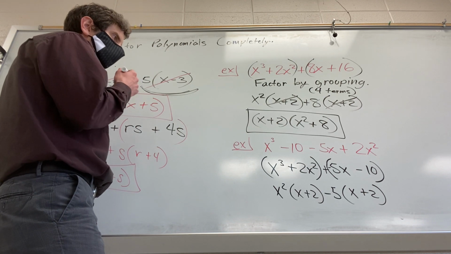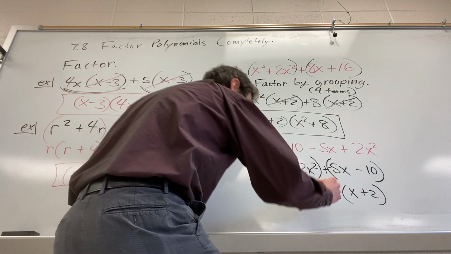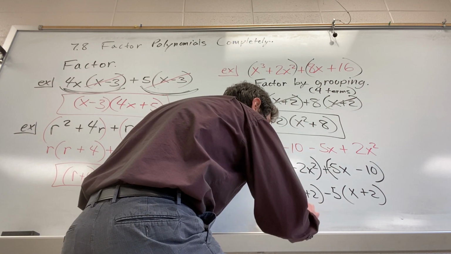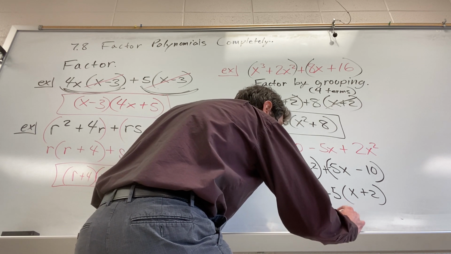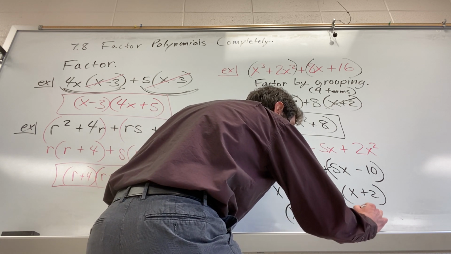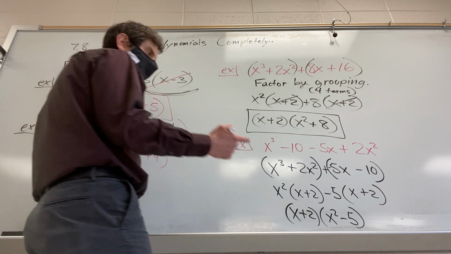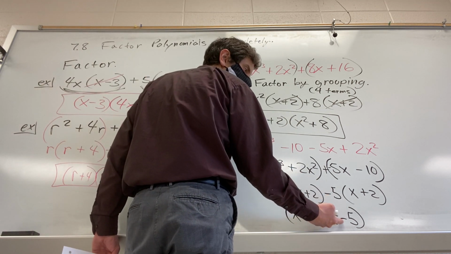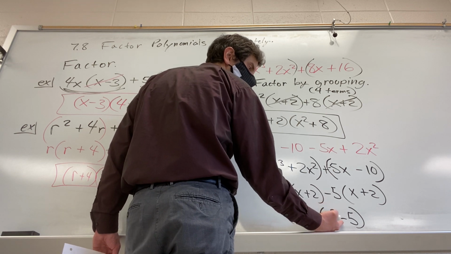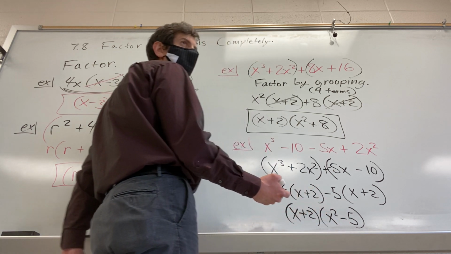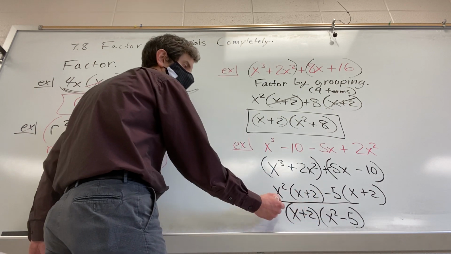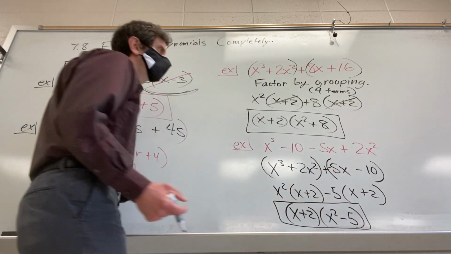And are we about done? Factor out the common binomial. So we got an x plus 2 and an x squared minus 5 left over. Oh, wait a second. Is this a difference of two squares? No, 5 is not a perfect square, is it? We're done. You just want to check that.